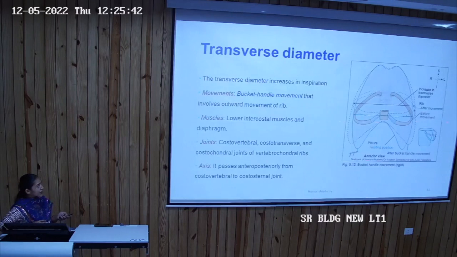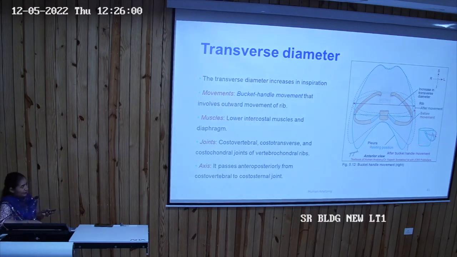Next, coming to the transverse diameter. For the transverse diameter, the lateral portions of the ribs move. These are the lateral portions of the rib. They are similar to a bucket handle, so this movement is called the bucket handle movement. The muscles involved are the lower intercostal muscles as well as the diaphragm.